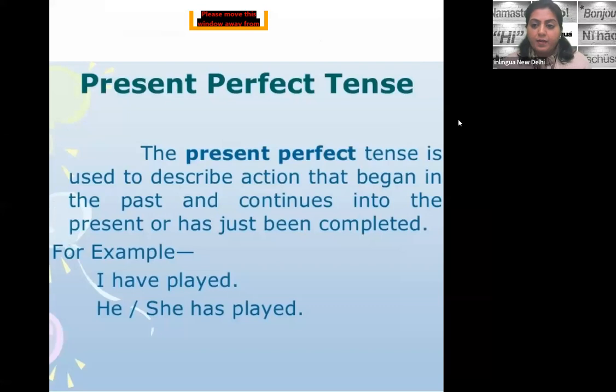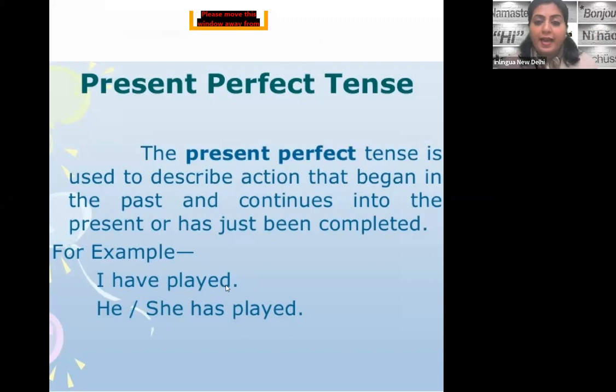All right, another definition. The present perfect tense is used to describe actions that began in the past, meaning an action that started in the past and it continues into the present or has just been completed. Something started in the past, it is not yet over, it is continuing till now. For example, I have played.